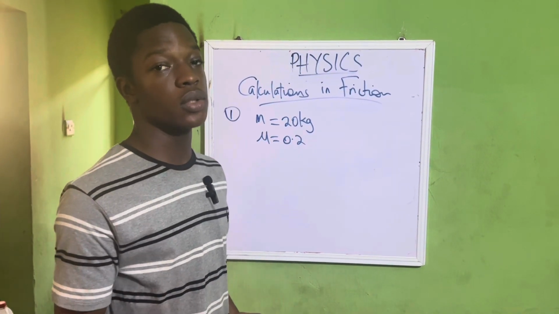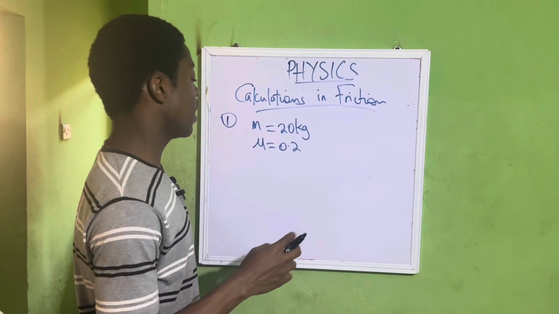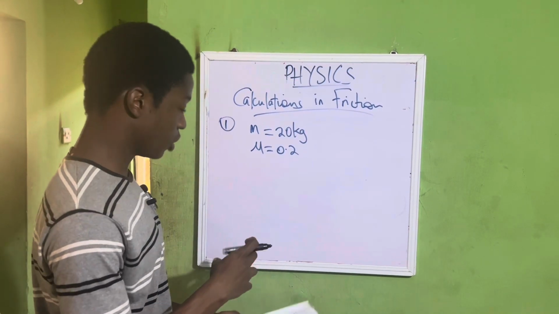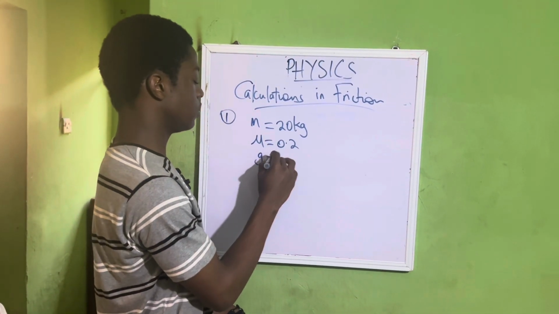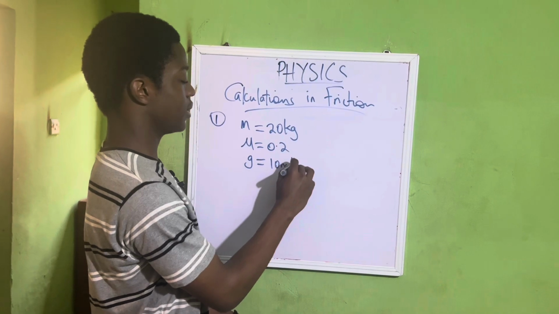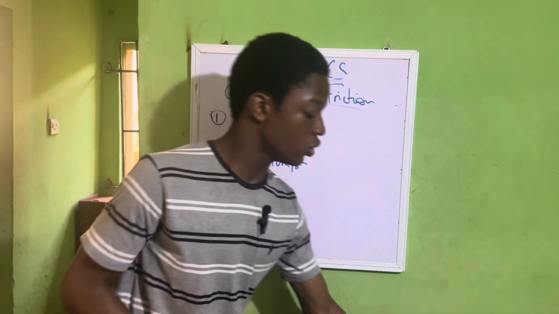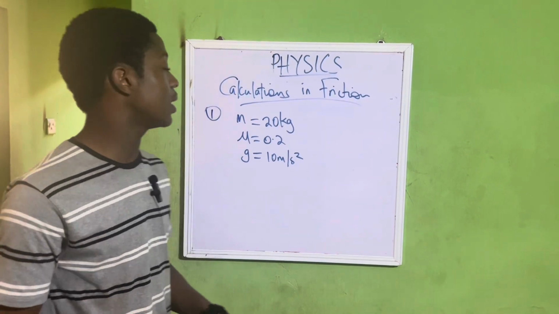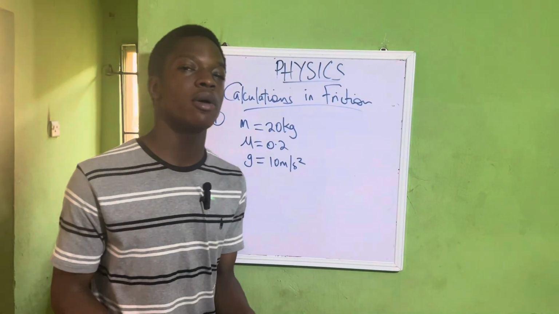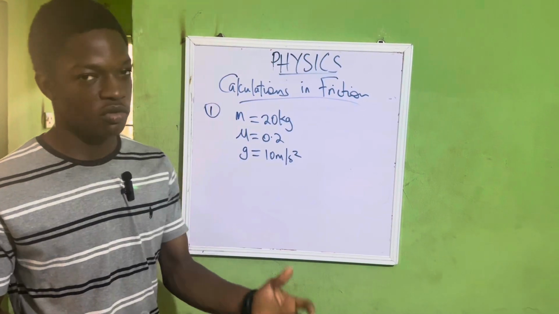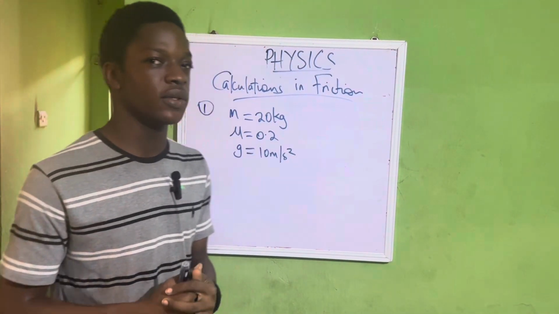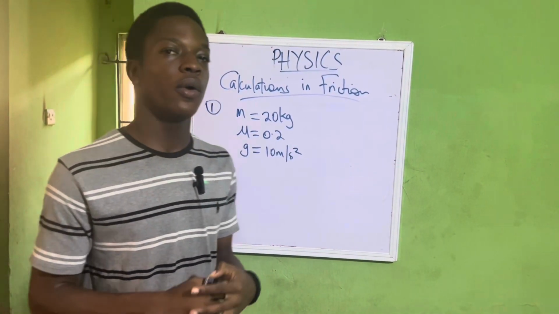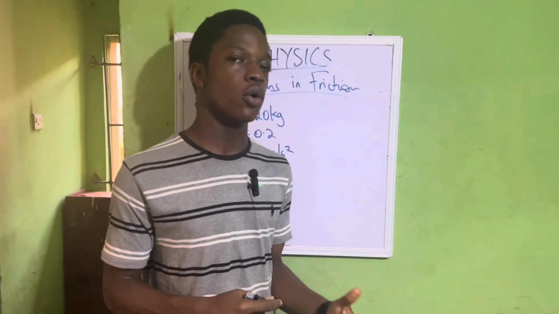Another thing to note here is that coefficient of friction does not have any units. So mu equals 0.2, taking g to be 10 meter per second square. One thing to take note of in this question is that they said calculate the amount of force required to just move.